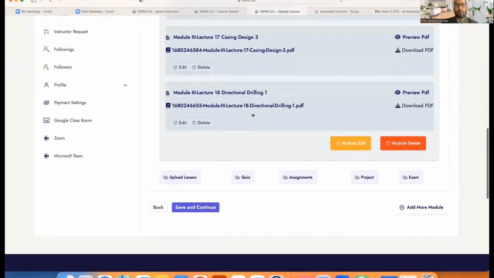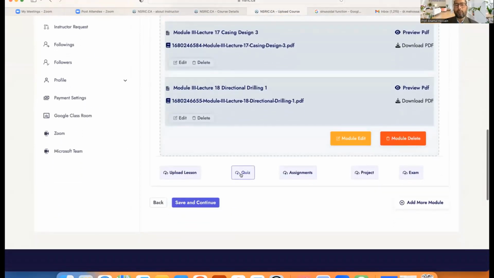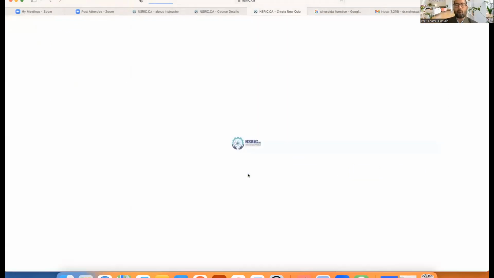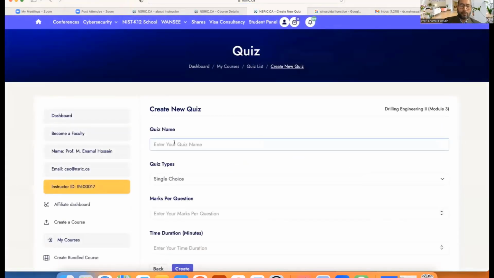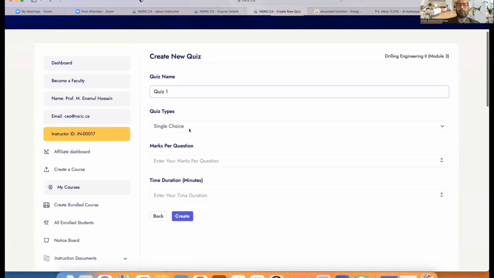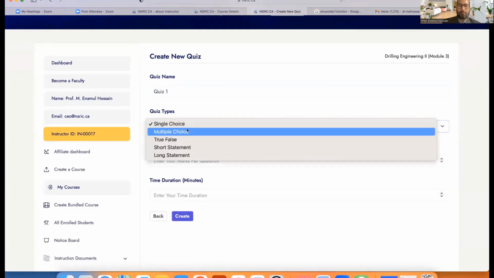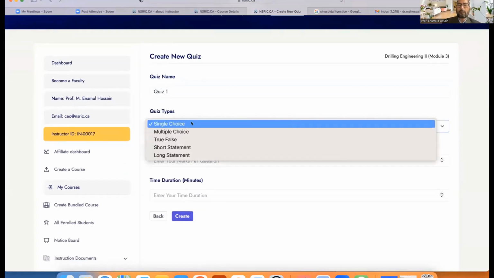This is number 1. Number 2, here, quizzes, assignments, and projects. This is very important. Let's say you want to upload a quiz, name the quiz, let's say quiz 1. For type of quiz, there are many setups. At least single choice, meaning you have 4 answers, and only one is the correct answer.